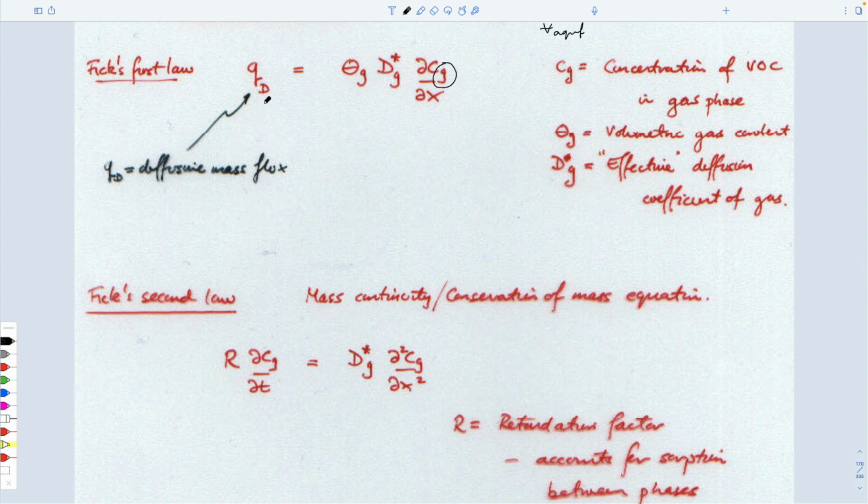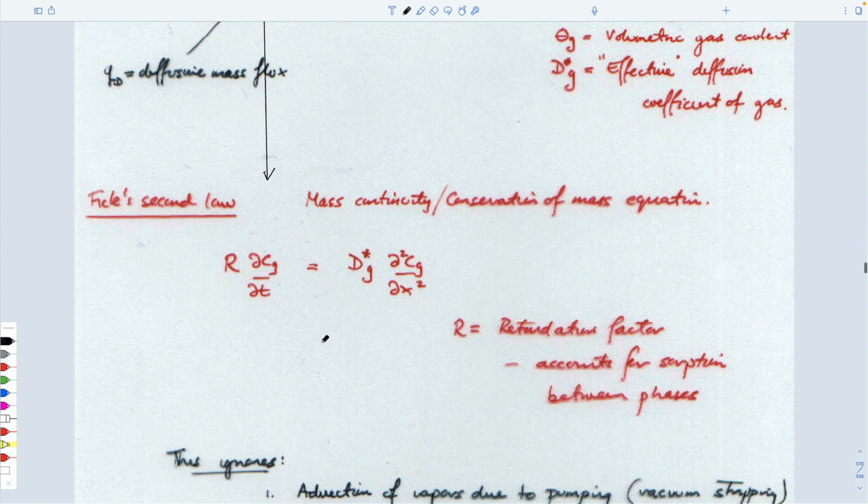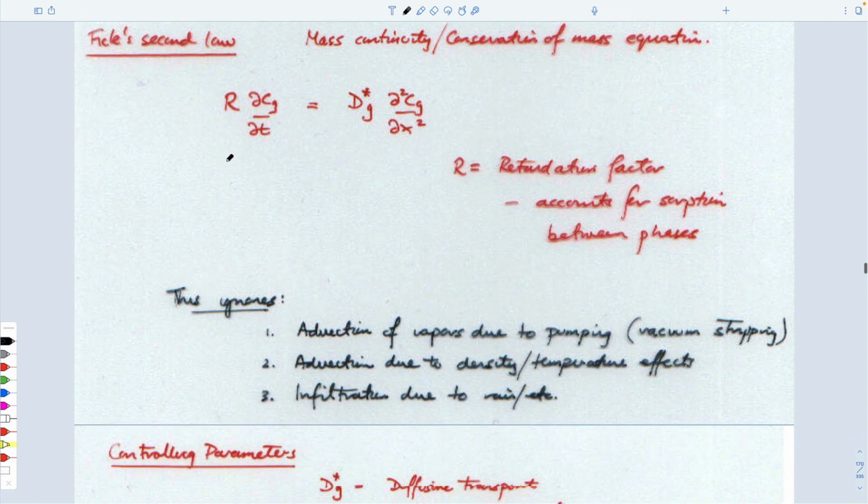And so what we do is this, we put it into a continuity relationship, just as we did before, and we end up with a second order PDE that describes the diffusion in the system, second order partial with concentration in the gaseous form, an effective diffusion coefficient, and a retardation coefficient, exactly the same as our advection dispersion equation without the advection term.